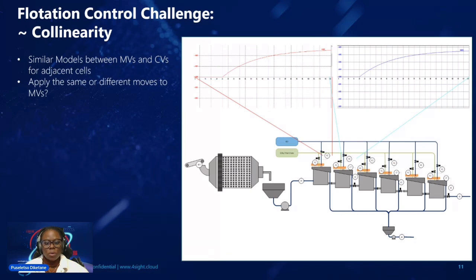Now, what we also see within the flotation space is that the response in terms of inputs and outputs of your first flotation cell and your last flotation cell is quite different from each other. Because of these differences, we don't need to implement this strategy. We can just allow the control system to utilize these differences and independently move the inputs to your flotation cells to accurately achieve the control objective that we have set for your flotation circuit.